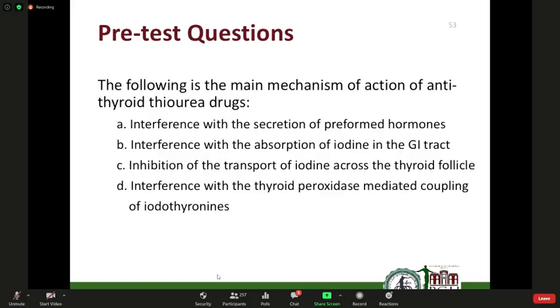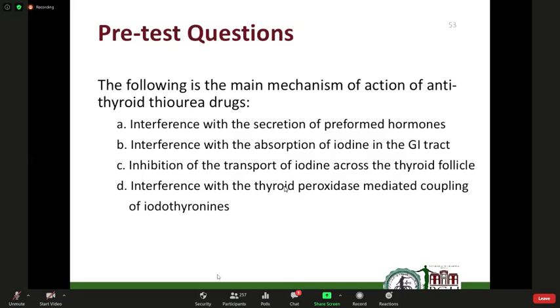Okay. The following is the main mechanism of action of your antithyroid thiourea drugs. Is it interference with the secretion of preformed hormones, inhibition of the transport of iodine, or is it interference with the peroxidase-mediated coupling of iodothyronines? Okay.